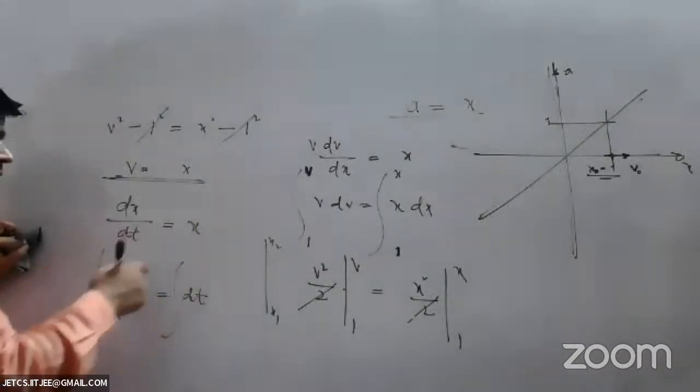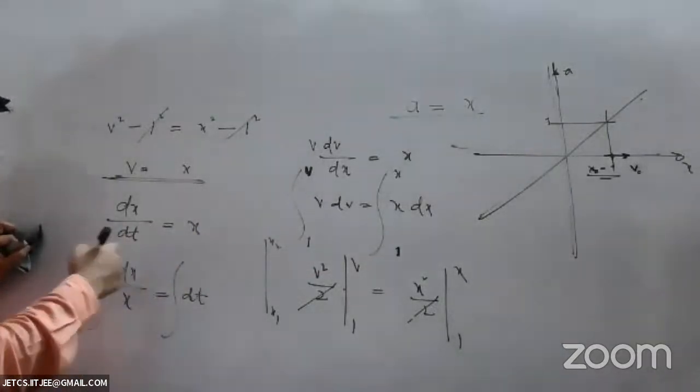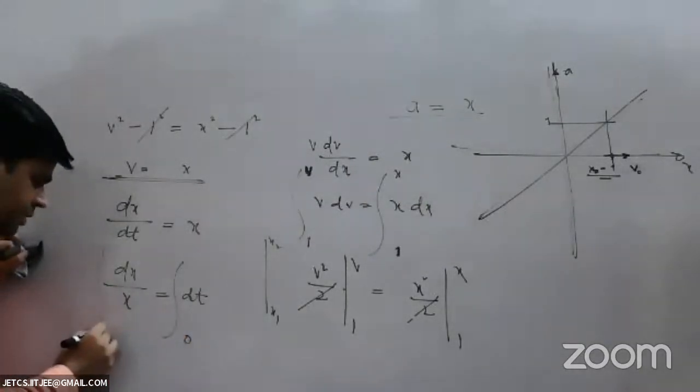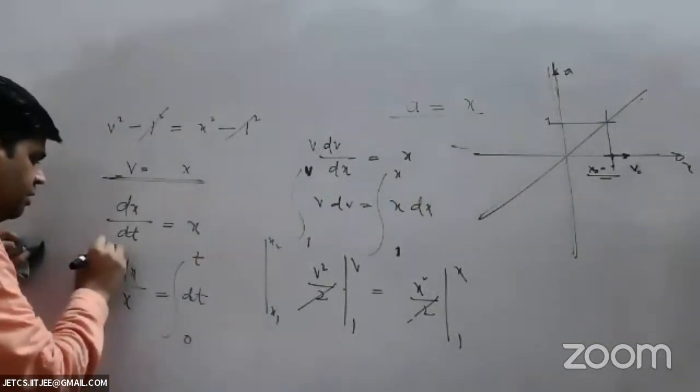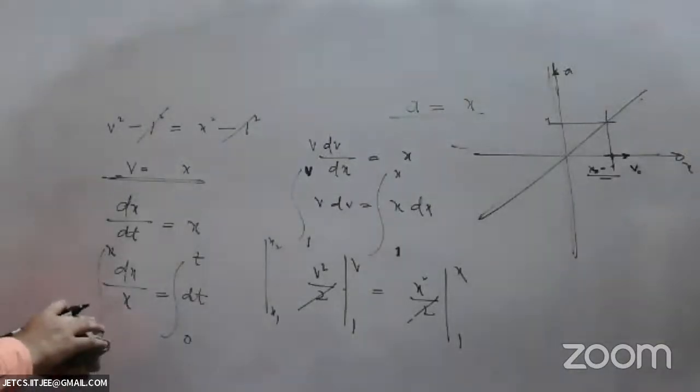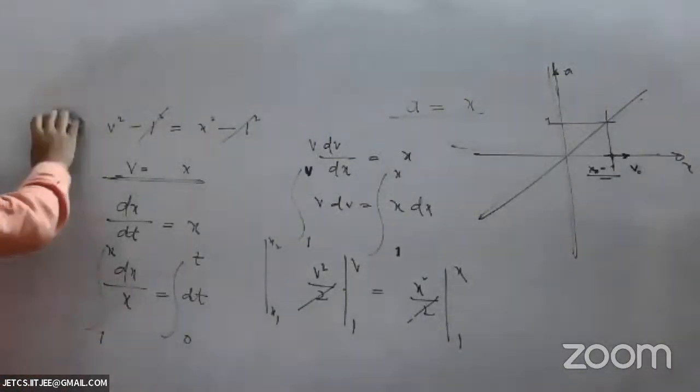Multiplying both sides by dt, dividing both sides by x. So at t equal to 0, my x is 1. At t equal to t, my x is x. How do I integrate? What is integral 1 by x dx?